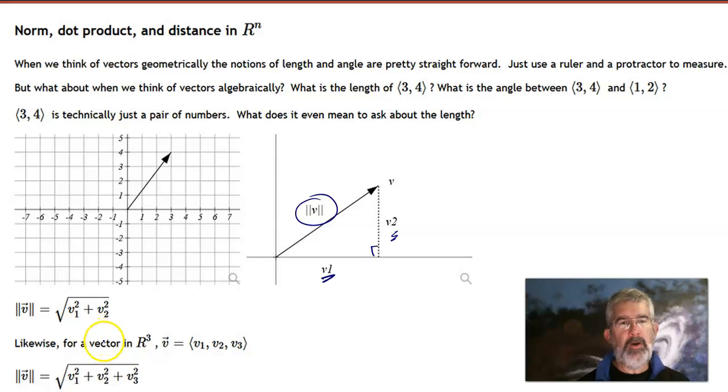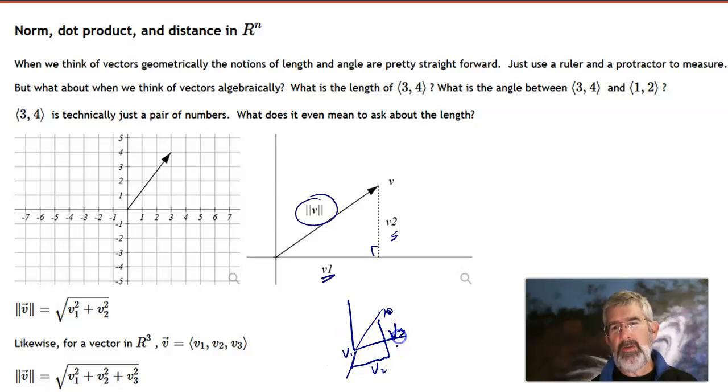But likewise, if we're in R3, this vector I drew was in the plane in R2, but we could have been in 3D, in which case we would have three components, v1, v2, and v3. So in R3, you'd have some vector here, which has an x component, a y component, and a z component, and you could see, well, if this is v1 and this is v2 and vertically here is v3, then from here to there would be the square root of v1 squared plus v2 squared.